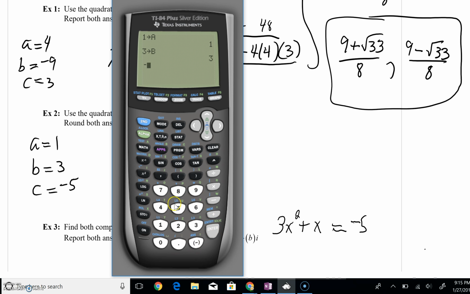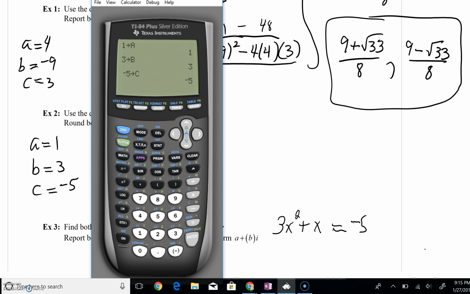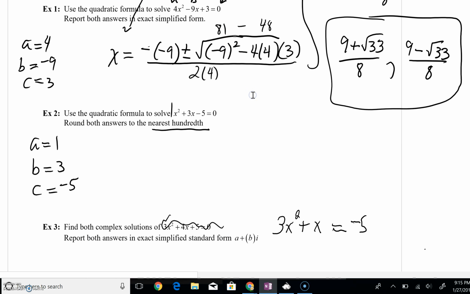Then we'll hit -5, hit store, and then we'll do alpha C. What I've just done is I've told the calculator to remember my A, B, and C, but super importantly, our formula, the quadratic formula, is going to be what you see up above just a little bit.